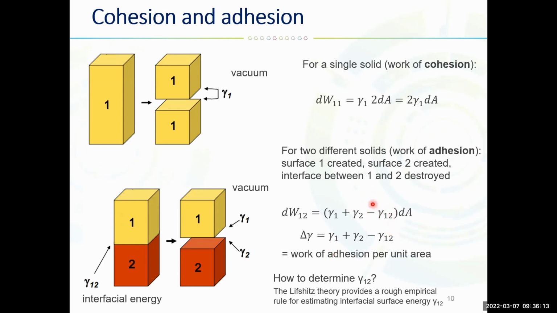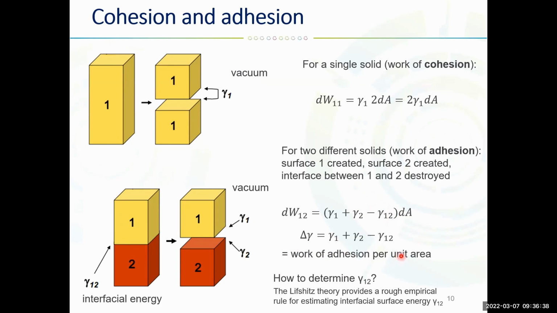That's why we have minus here. The contact area between these two materials is represented by the parameter dA, and this is how the interfacial energy is calculated. And this is the work of adhesion per unit area.